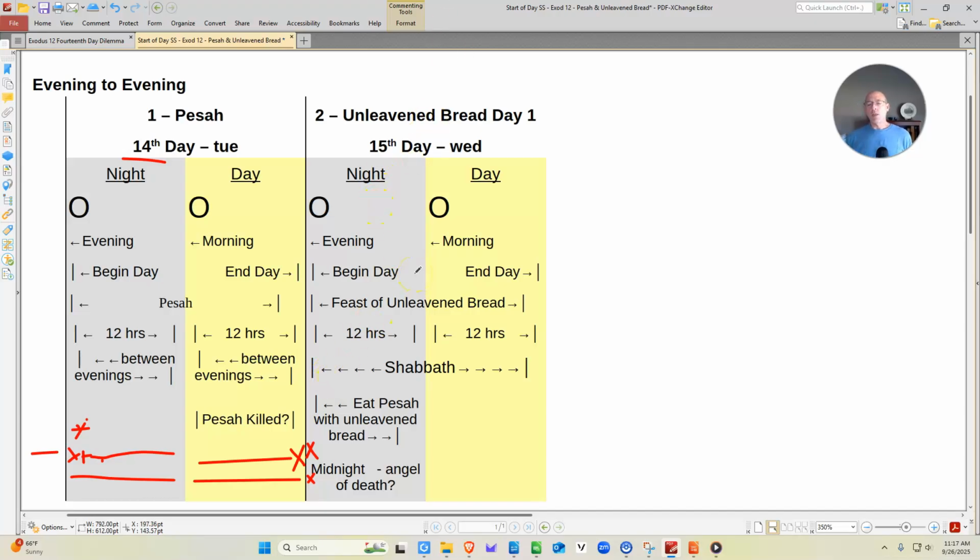And then on the 15th, we are roasting our Passover lamb with bitter herbs and eating the Passover lamb. And we are placing the blood over our lintel here.